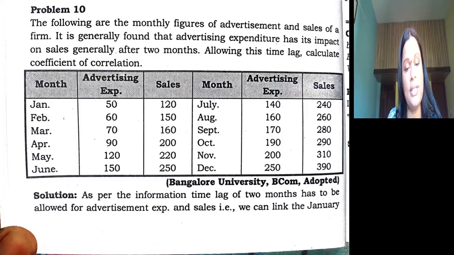After 2 months. So what 50 rupees we spend in January will create impact on March sales. That's why we should not take January, February sales as Y. We should take March sales. It is clearly given. Allowing this time lag of how many months? 2 months, we have to calculate correlation.